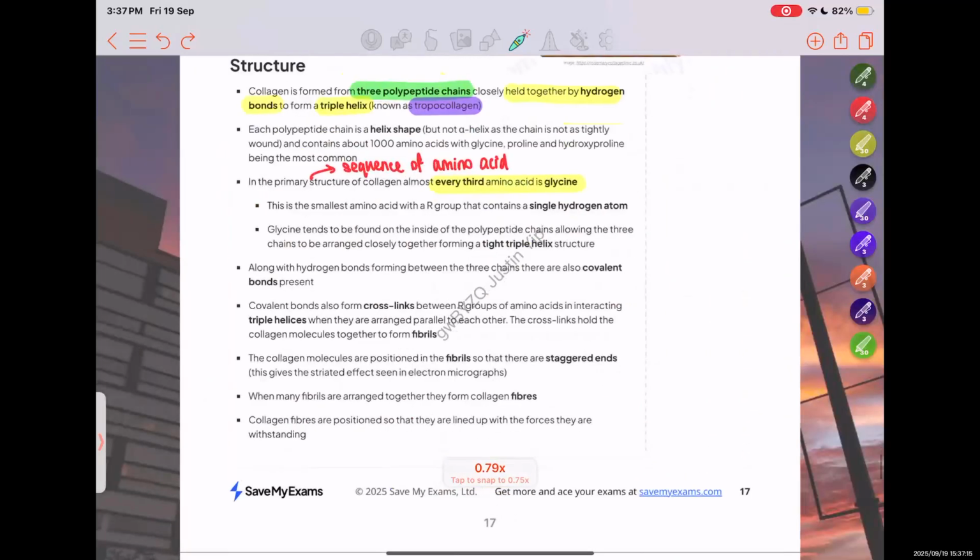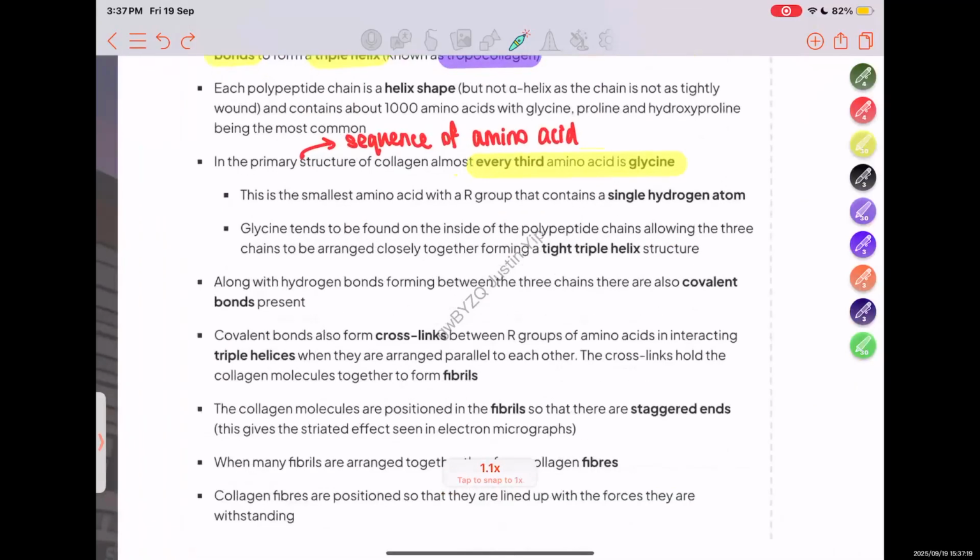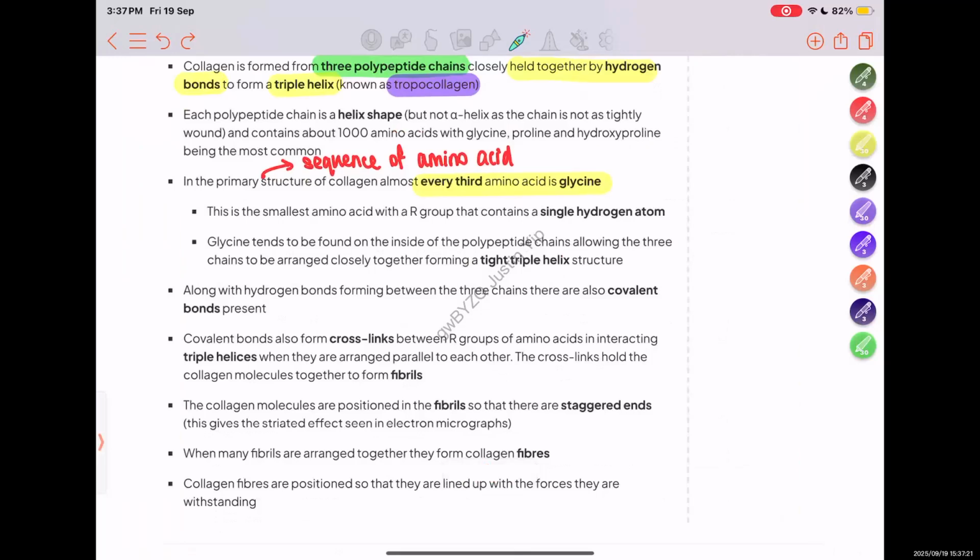And then, glycine is the smallest amino acid, with an R group that contains a single hydrogen atom, and it will form your hydrogen bond. Glycine tends to be found on the inside of the polypeptide chain, allowing three strands to be arranged closely together to form a tight triple helix.